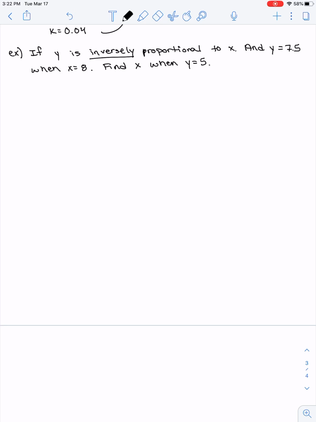Okay, so we have y is inversely proportional, so that's k over x. When y is 7.5, x is 8.